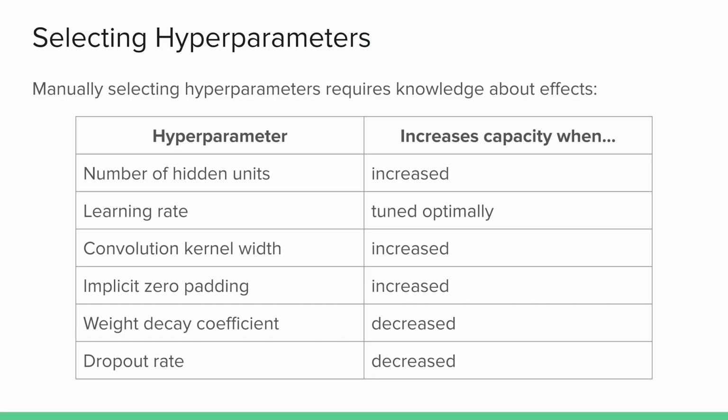One would be the number of hidden units. If you increase the hidden units, you increase the effective capacity. If you want to have the ideal capacity, you should find that sweet spot of the learning rate that we've seen before. It shouldn't be too high, it shouldn't be too low, it should be at that optimal value.